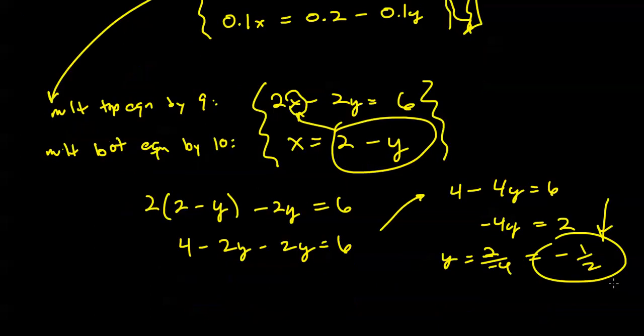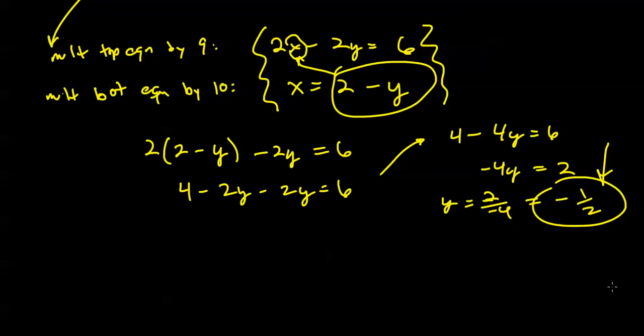And of course I'll do as before. Once I've got a solution for one variable, I can substitute into either equation and solve for the unknown x value. So I'll pick the top equation. 2x minus 2 times minus 1/2 equals 6.